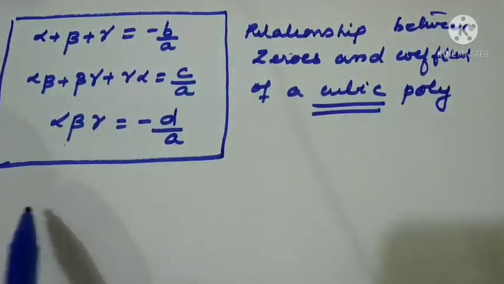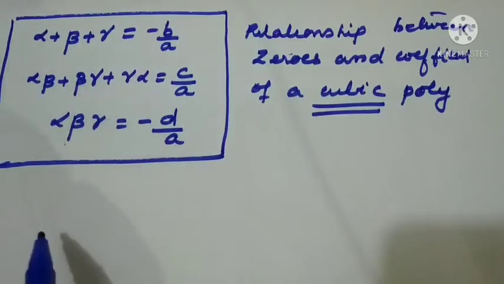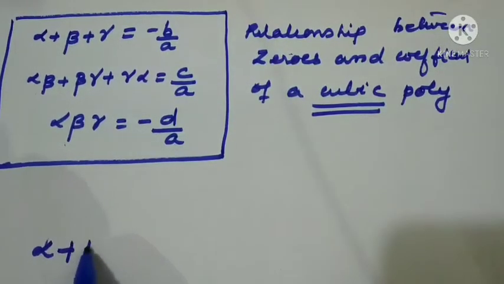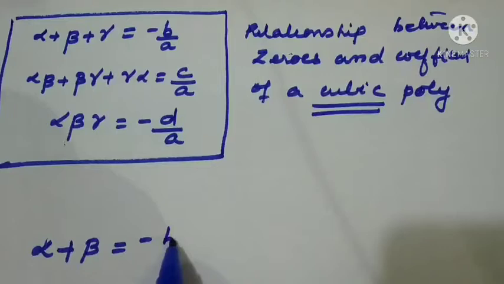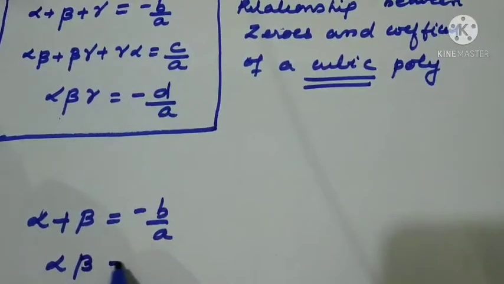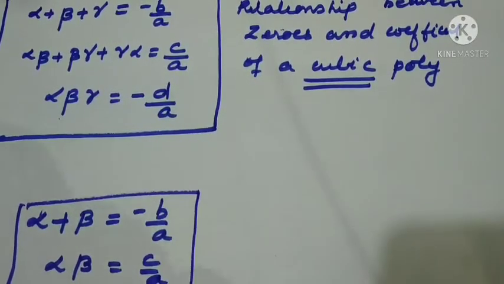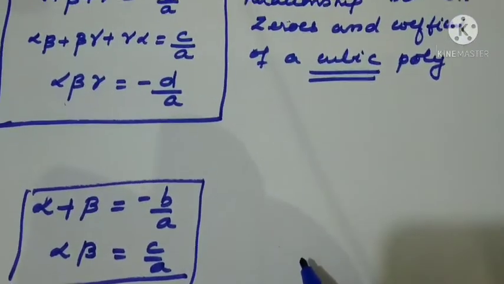Now when we learned about quadratic, for a quadratic polynomial what we learned is alpha plus beta equals minus b by a, and alpha beta equals c by a. This is for a quadratic polynomial.